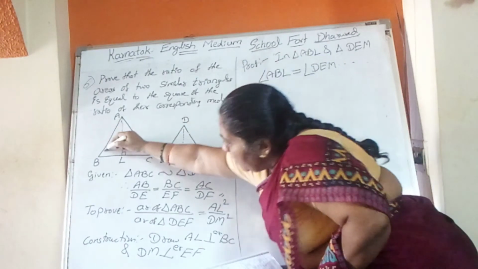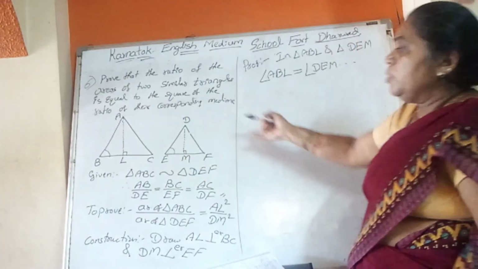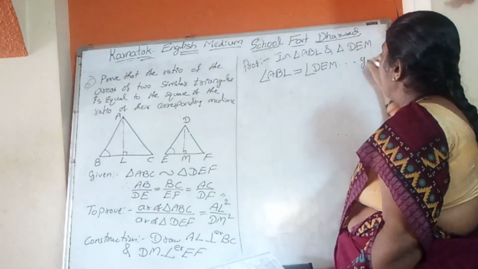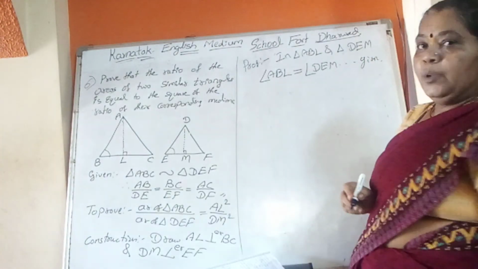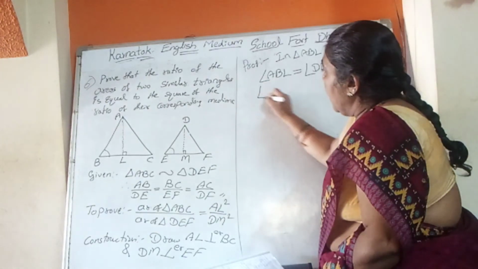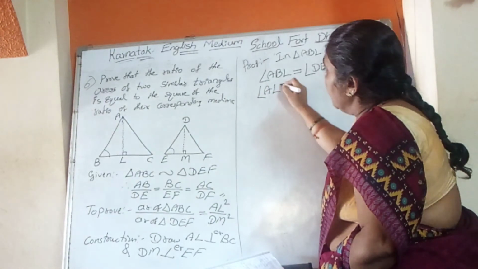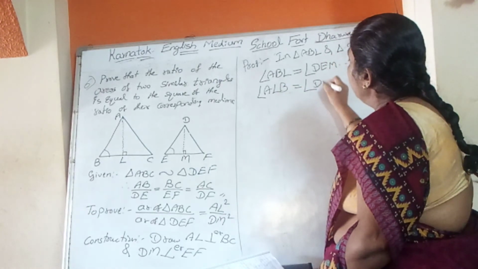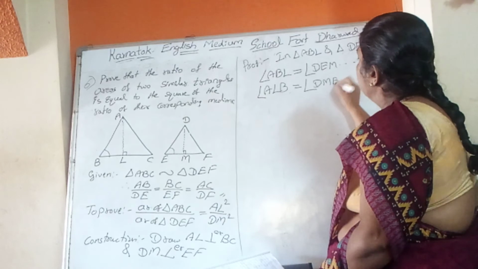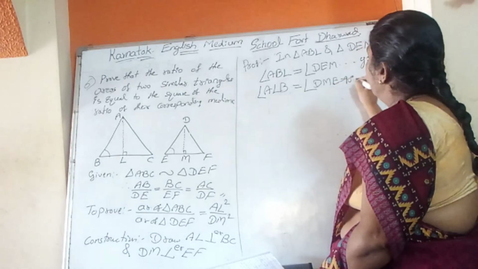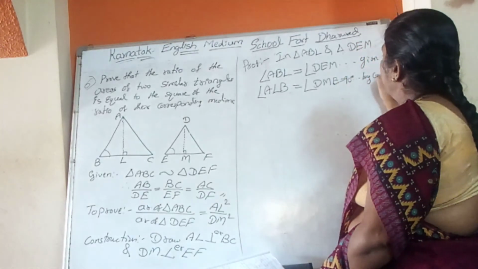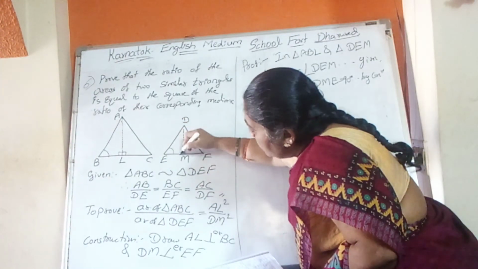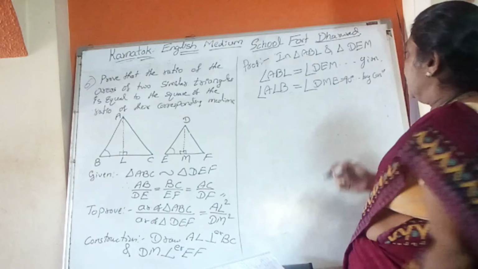This angle and this angle, when these two triangles are similar, these two angles are equal. They are given. Angle ALB equals angle DME equals 90 degrees by construction.